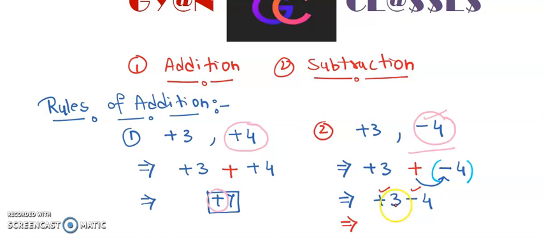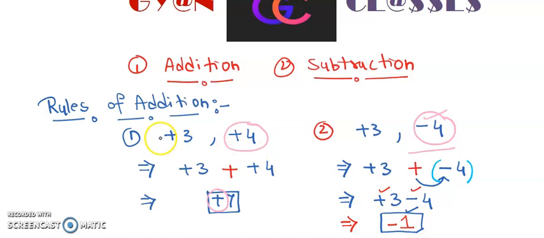We cannot subtract 4 from 3 directly, hence 3 minus 4, the answer will come as 1. But as I have said previously, the sign of the greater number will come. So here the answer will come as minus 1. This shows the greater number's sign always comes in the answer. You can see that I have marked it in a bracket.